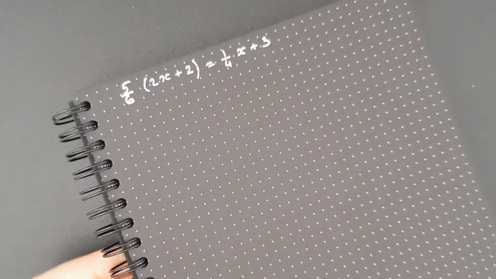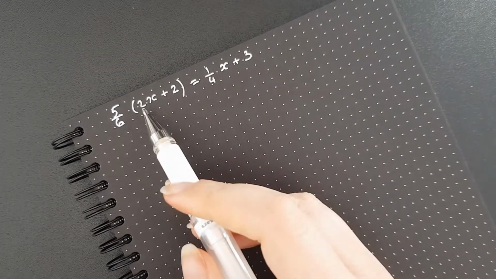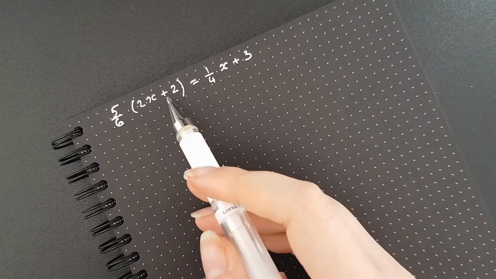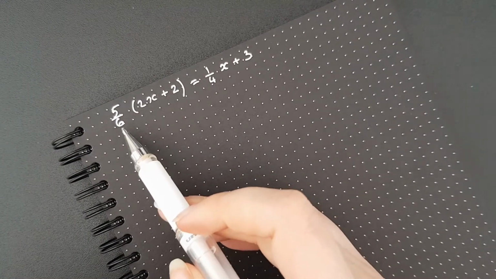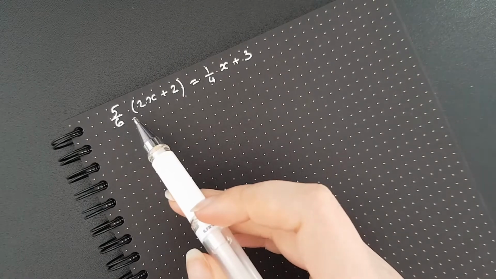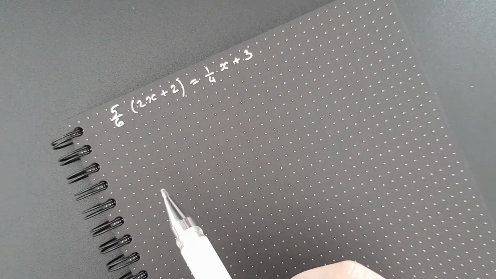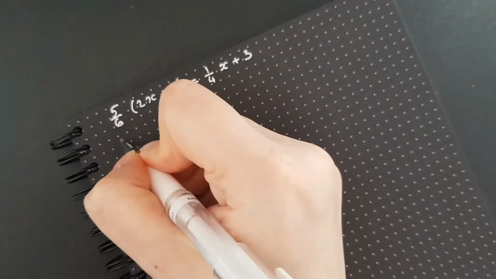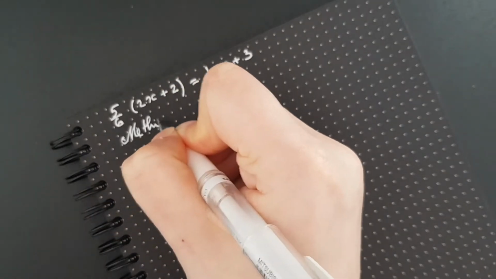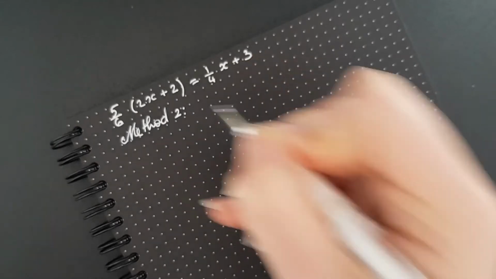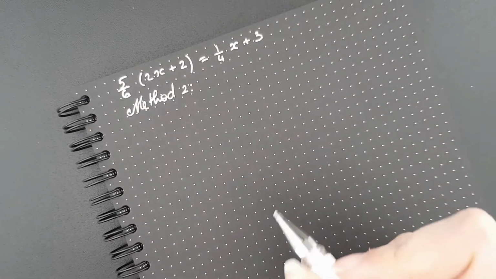Now, I can take the 2. Oh, I can play so much with this. I can take the 2 outside, simplify it with the 6, get 3. Oh my, but. Let's call this method 2. What do I want to do with this method?